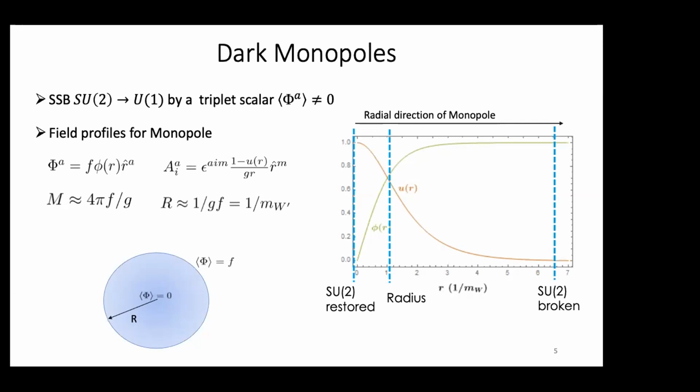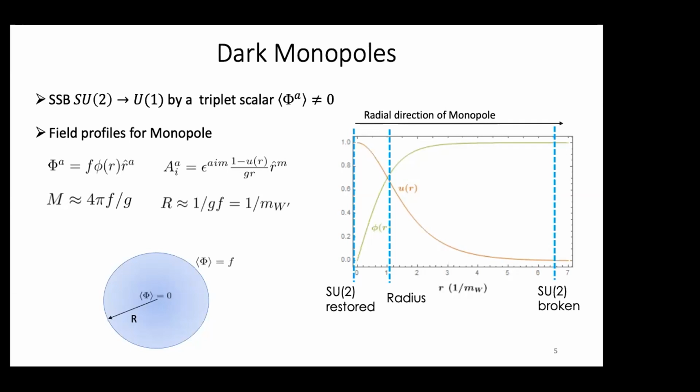Here I'm drawing the plot of the field profiles. R is the radial direction of the monopole, so we have a spherically symmetric monopole. At the center of the monopole, we have the SU(2) symmetry restored, that is, this phi of R has vacuum expectation value 0.